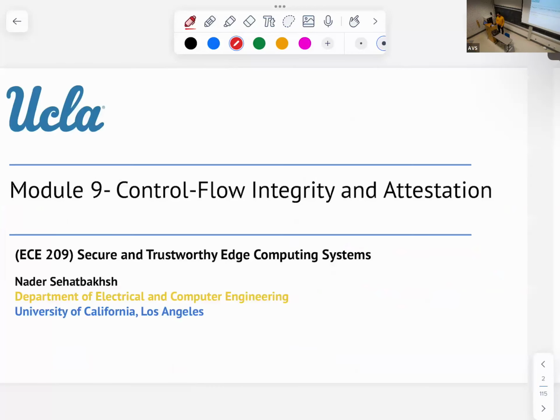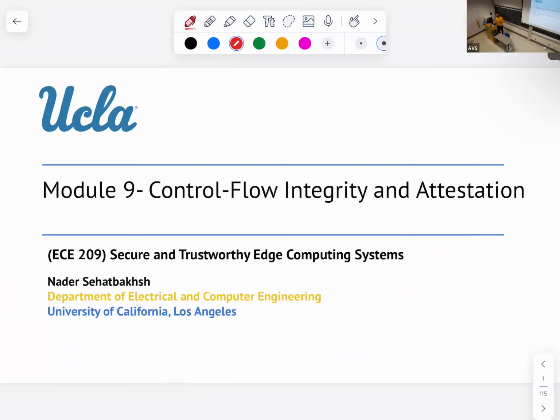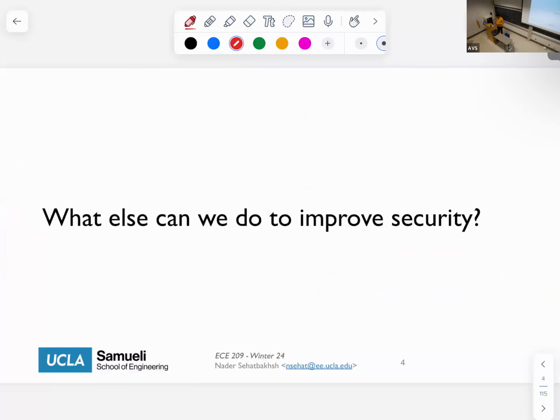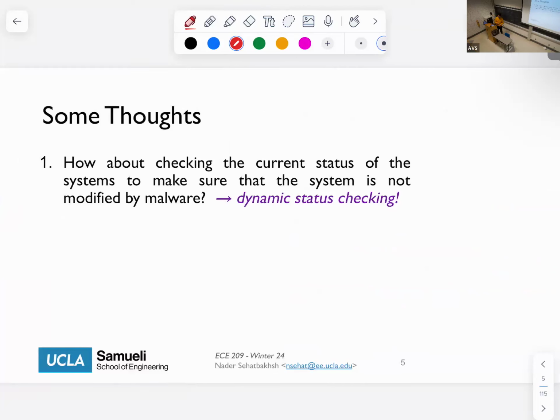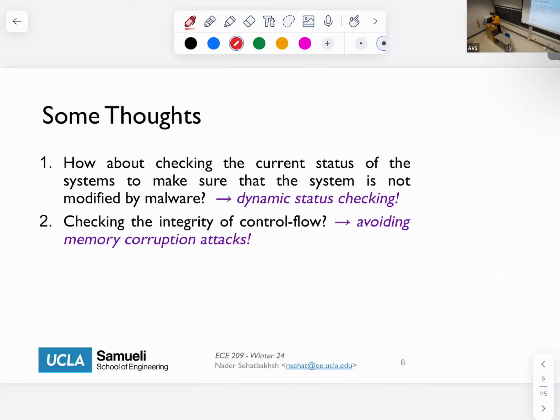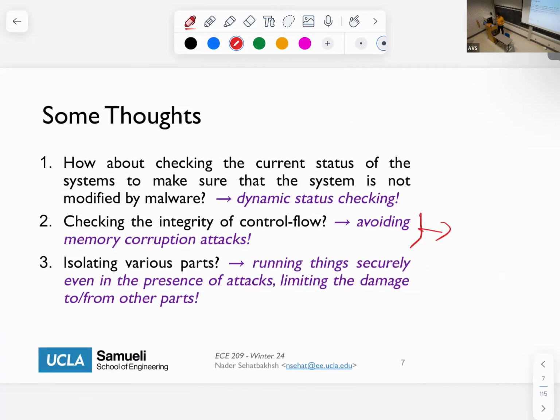Generally, we have these memory corruption issues, and we need to figure out a way to fix them. We talked about various scenarios where we need to do some status checking, and also checking the integrity of the control flow. Later on, we're also going to talk about how to isolate and completely get rid of this memory corruption so that our system can still work reliably even in the presence of these corruptions.